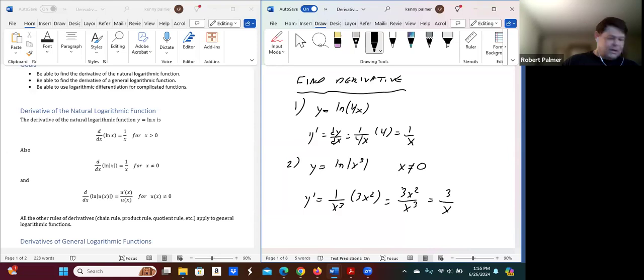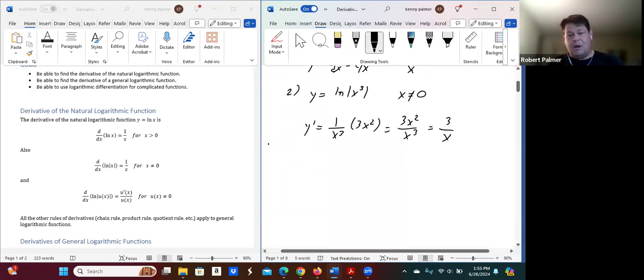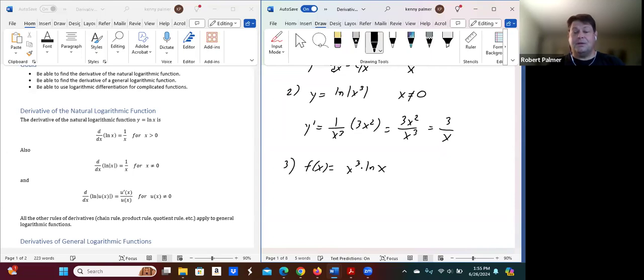Now, let's take a look at something else. So remember, as I said before, we can always use these same rules of derivatives if we have more complicated functions. So let's say we have f of x is equal to, so this time we have x cubed times the natural log of x. Okay, so this, you can use the product rule.